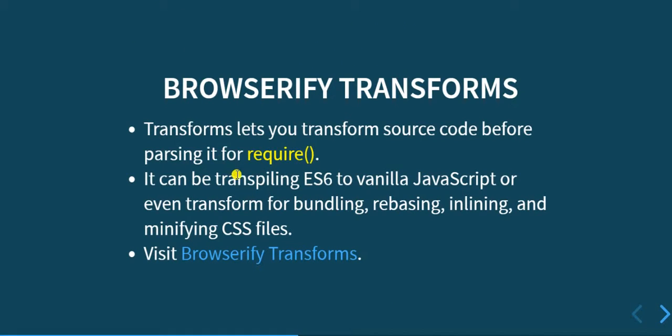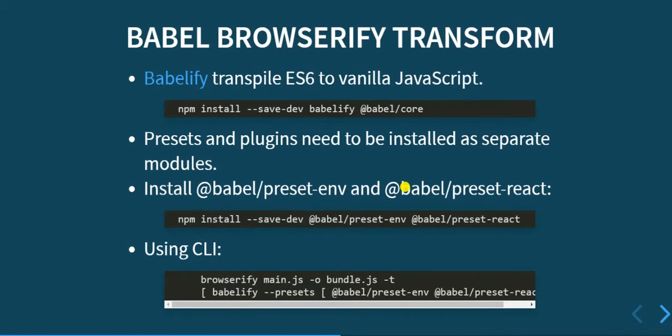Let's see how to transpile ES6 to vanilla JavaScript using this transform. Browserify has a transform plugin called Babelify which transforms ES6 into vanilla JavaScript. To install Babelify, you can run this command, save it as a dev dependency, and also we need to install the preset environments.